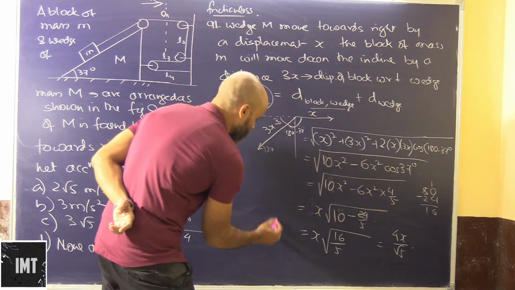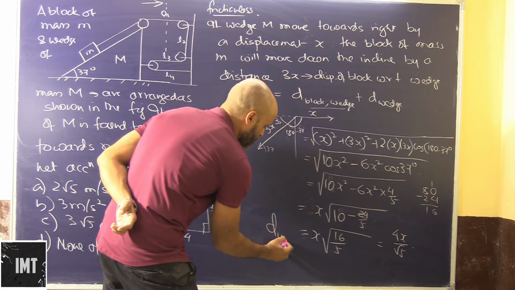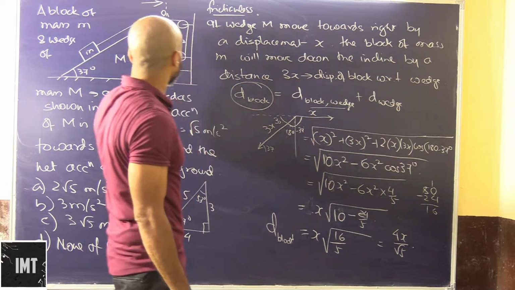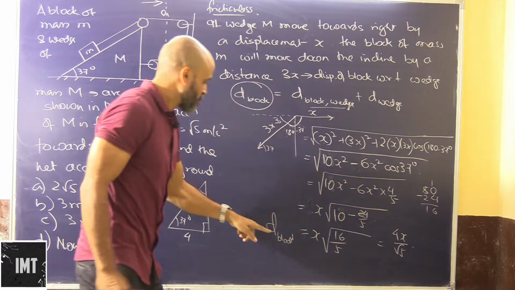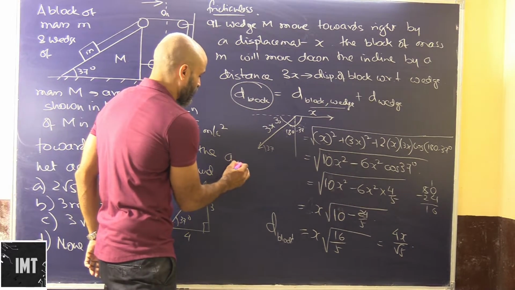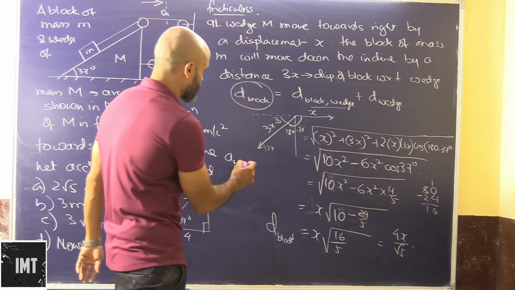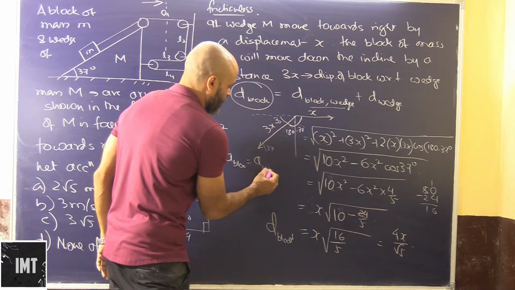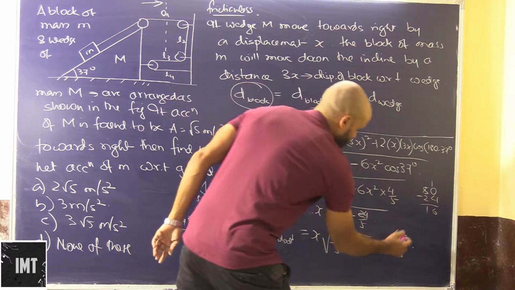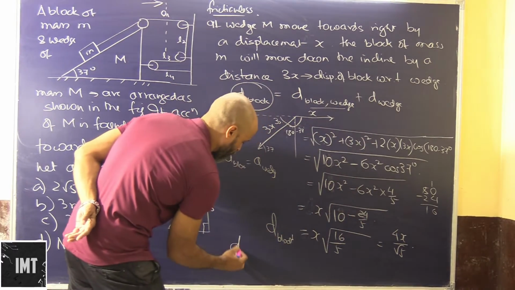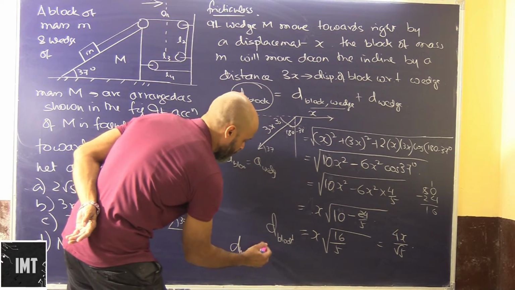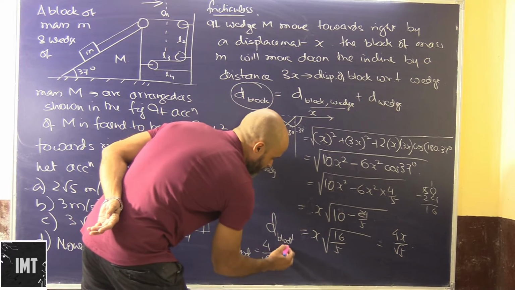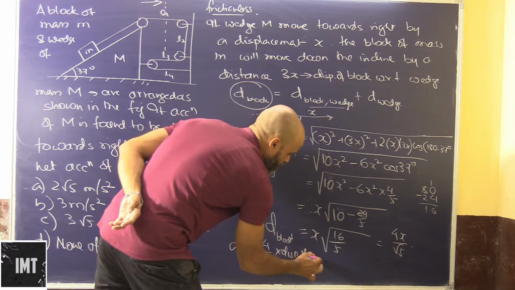So we can say the displacement of the block is 4x by under root 5, where x is the displacement of the wedge. So in this case, acceleration of the block, if we differentiate it twice, this will be how much? Displacement of block can be written as 4 by under root 5 times x, the displacement of wedge.